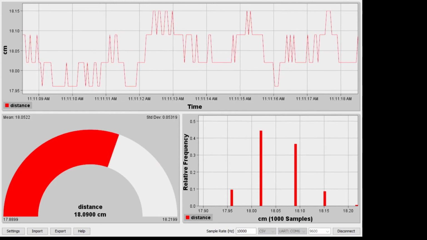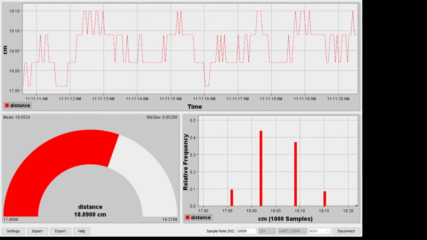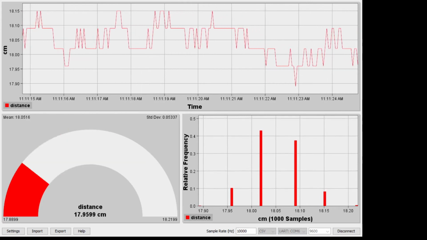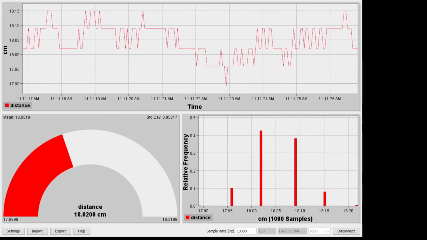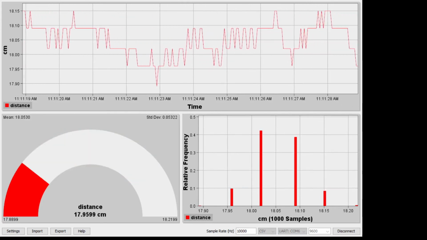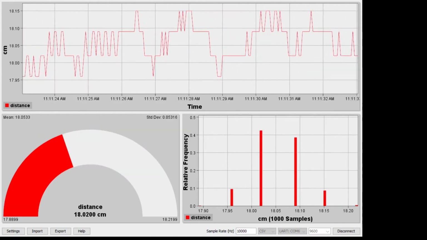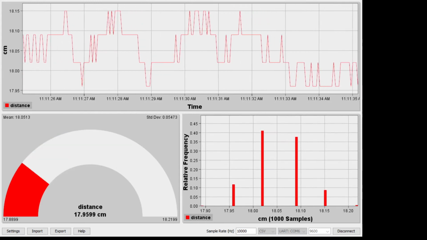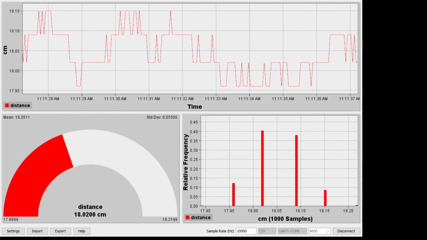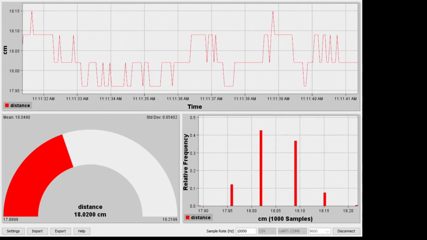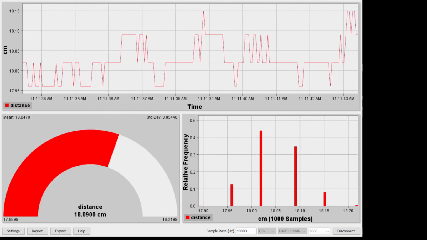That means that any reading on that waveform will be within 2.6% of the average. The histogram looks almost normally distributed around the average of 18.05 centimeters. Also, the average of 18.05 centimeters is only 5% off the actual distance of 19.0 centimeters.